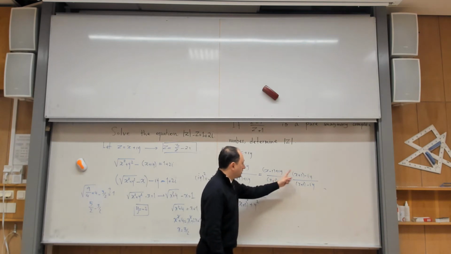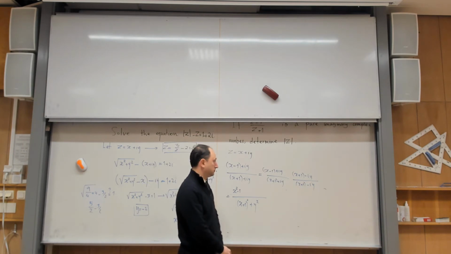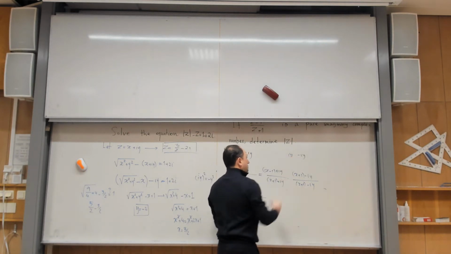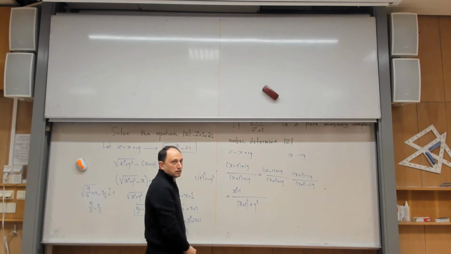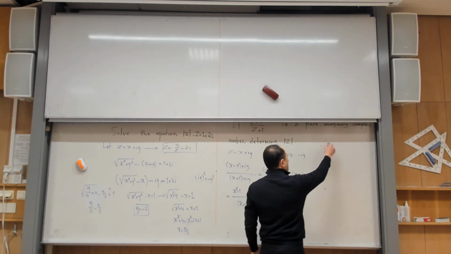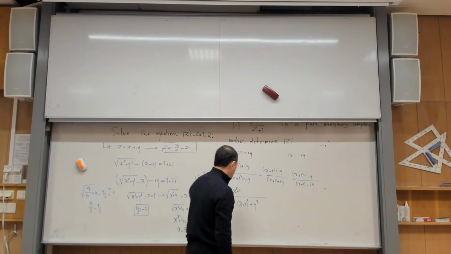Yes? So iy times minus iy. What is the answer? Y squared, because i times minus i becomes minus i squared. i squared is negative 1, so it becomes 1. y times y is y squared.